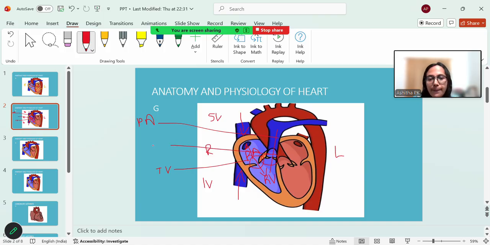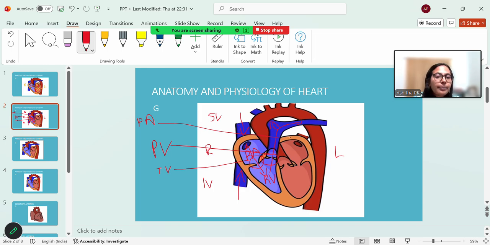This is the pulmonary valve. The deoxygenated blood travels through this pulmonary artery and reaches both lungs, this one to one lung and this one to the other lung.